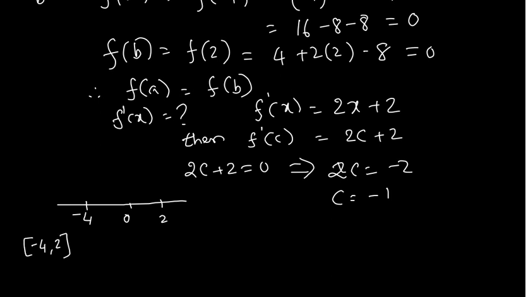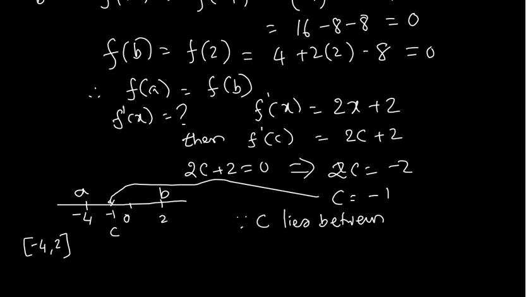So this is A, this is B, this is C. So since C lies between A and B, Rolle's theorem is verified. That's it. So you may get this for 3 marks, not more than that.